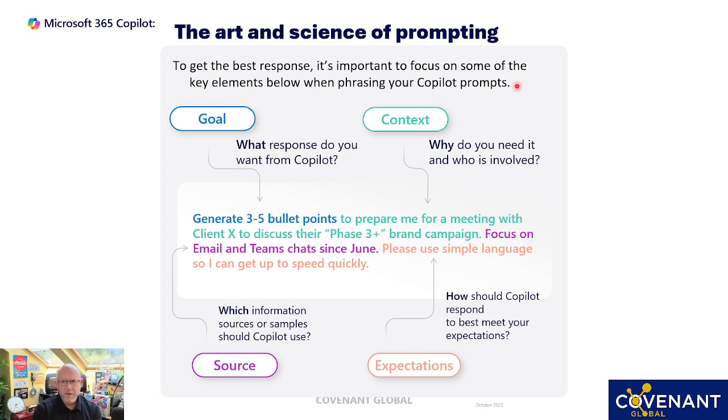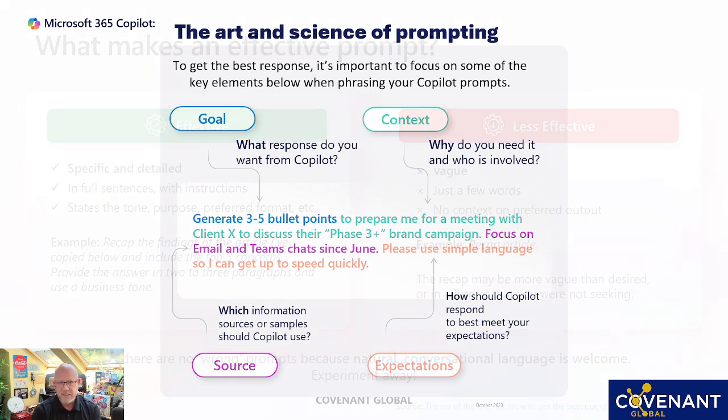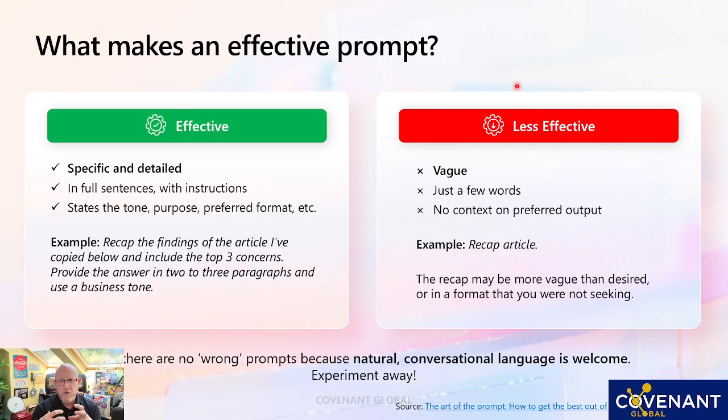You want a goal, you want some context, what source, potentially, and then what you want to get out of it. And here's an example of that. Generate 3 to 5 bullet points to prepare for a meeting with client X to discuss phase 3 of blah blah blah. So you're making a request, but it's not abbreviated. It's spelled out, and you don't want to be vague. You want to be detailed in your prompting when you're asking questions.